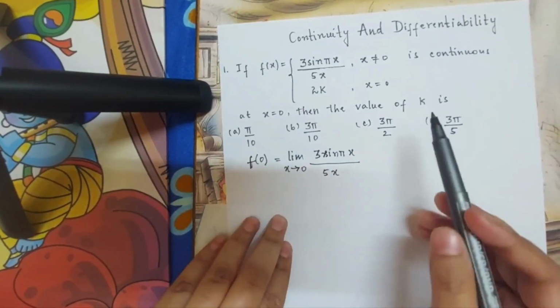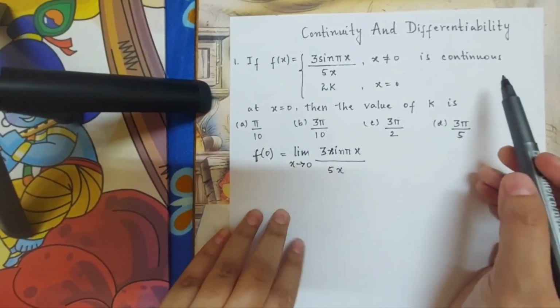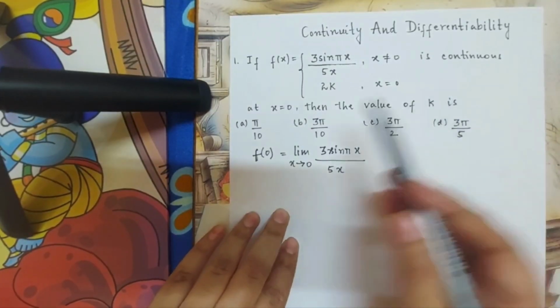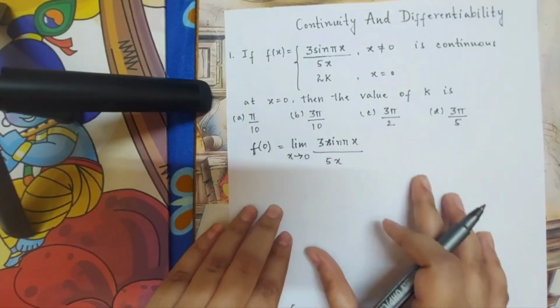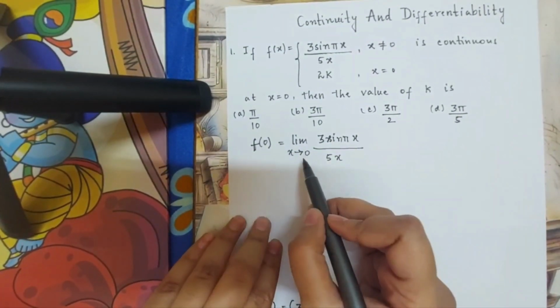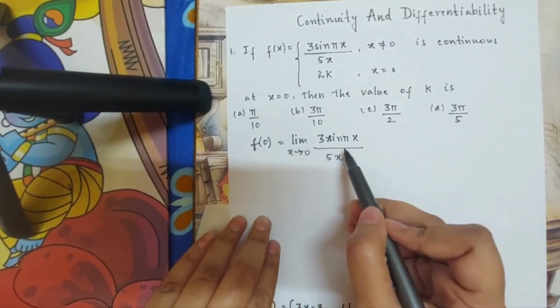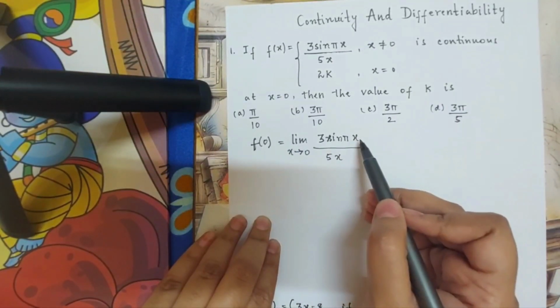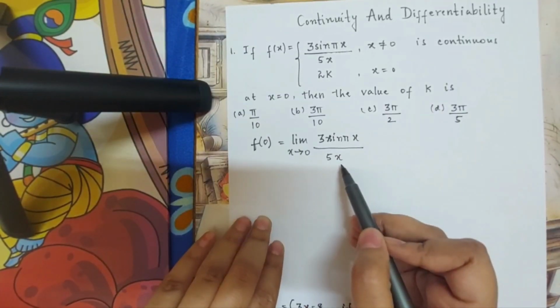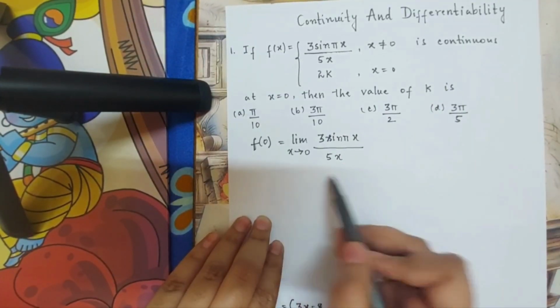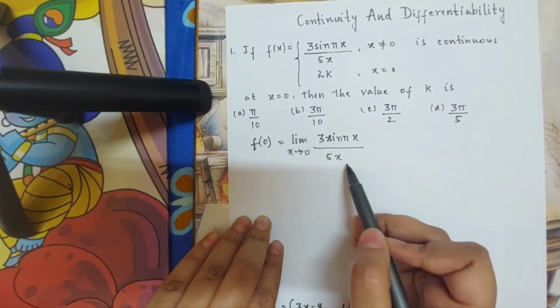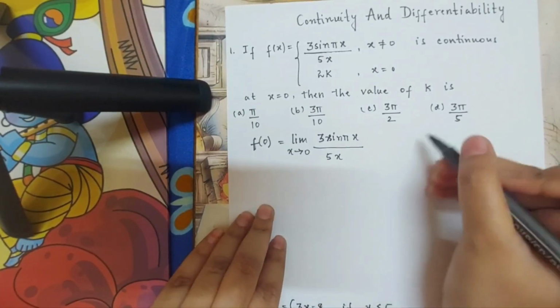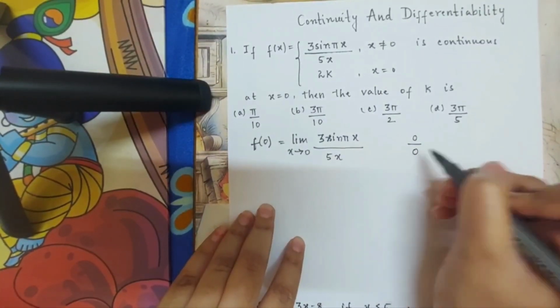Because they have given us that f of x is already continuous at x is equal to 0. Now, if we apply limit for this function, see, sin 0 is 0, and if we apply limit to the denominator, that is 5x, 5 into 0 is again 0. So this is of the form 0 by 0.